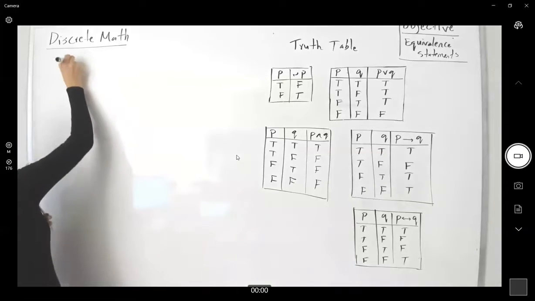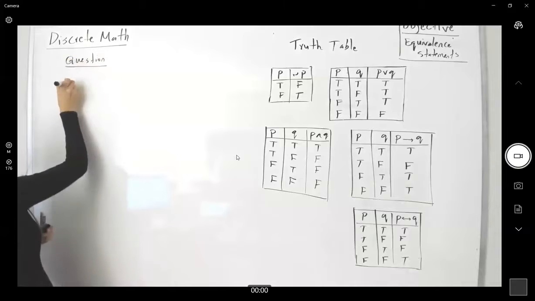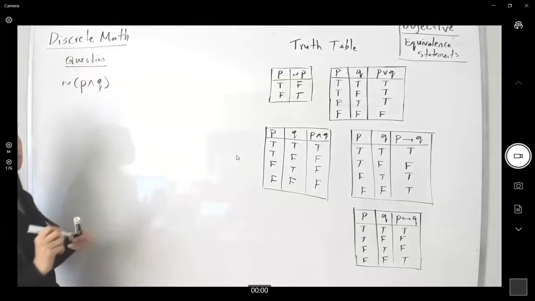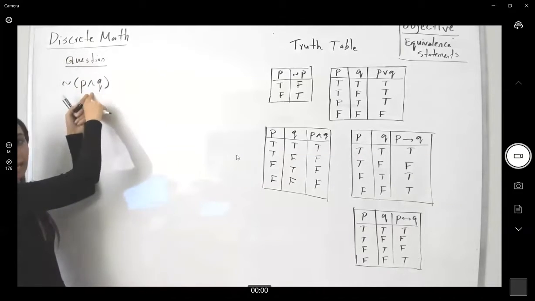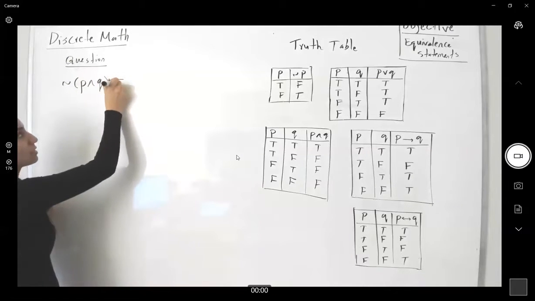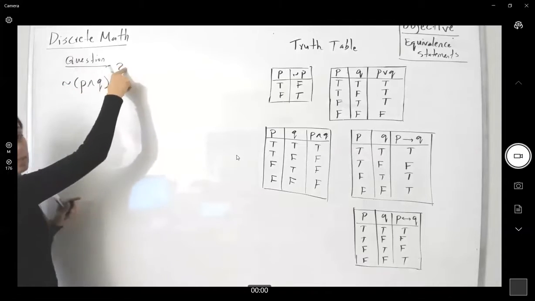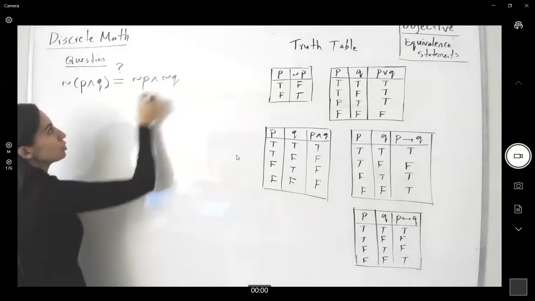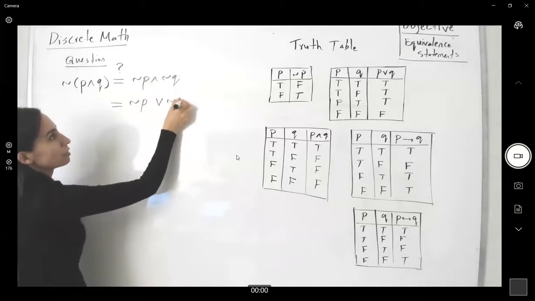Well, question. Not (P and Q). If I distribute negation over and, this guy is the same as which one of these statements? Is this the same as not P and not Q, or is this the same as not P or not Q?